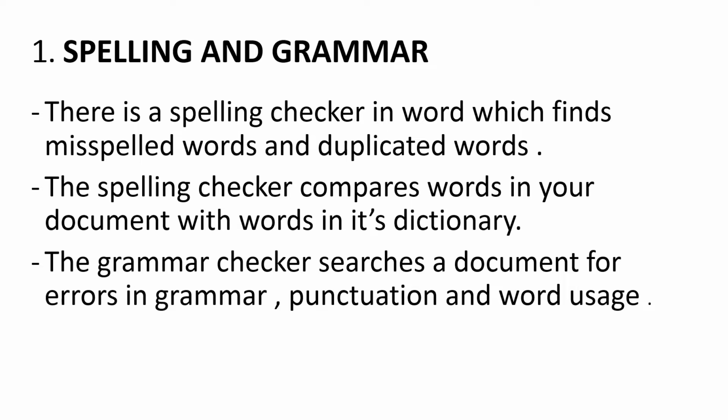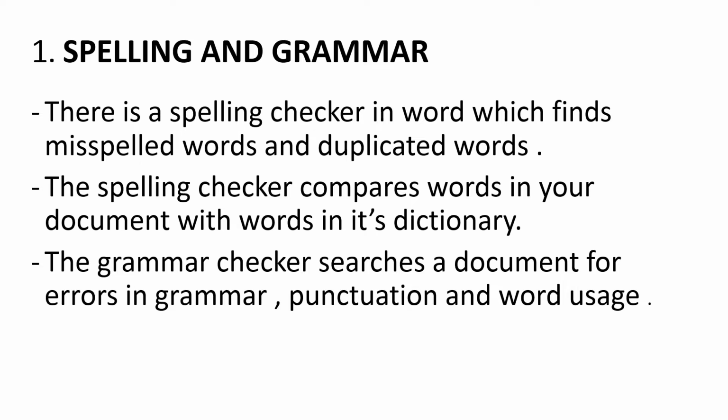There is a spelling checker in Word which finds misspelled words and duplicated words. Misspelled words are spelling mistakes, and duplicated words are the words which are repeated, such as "and and".